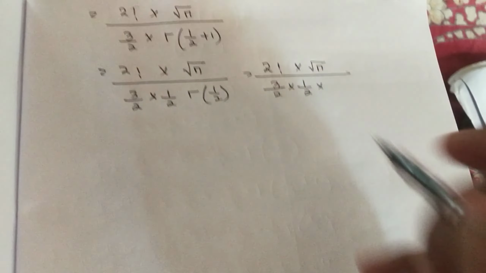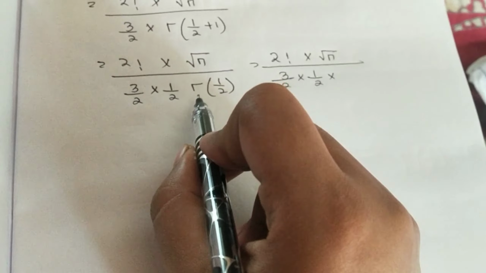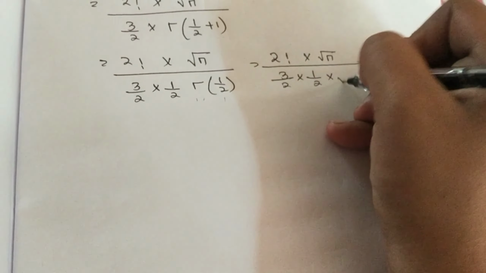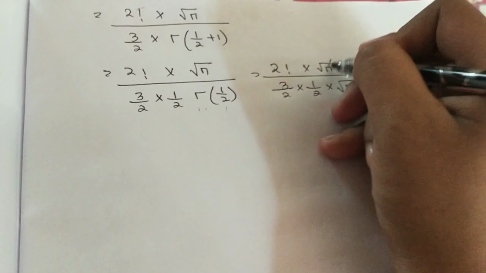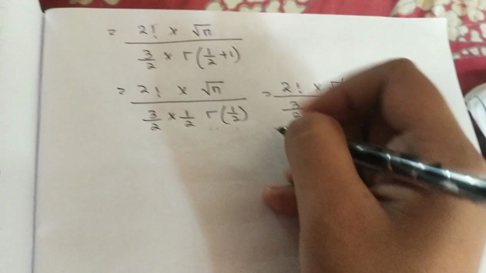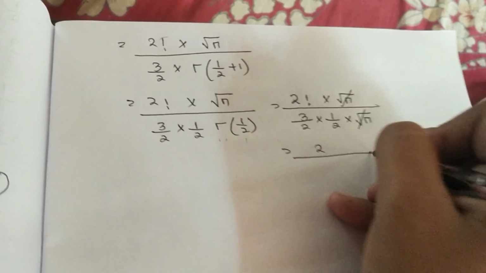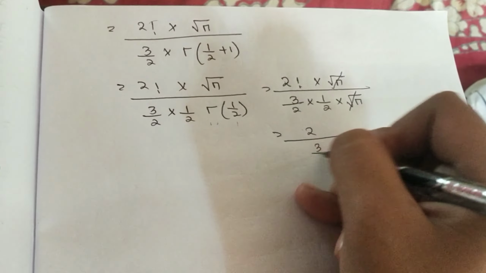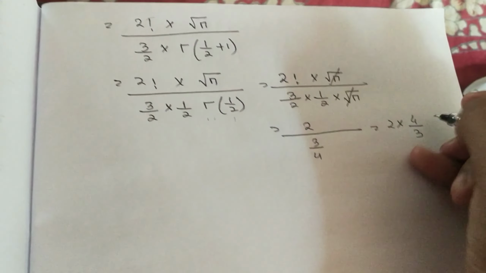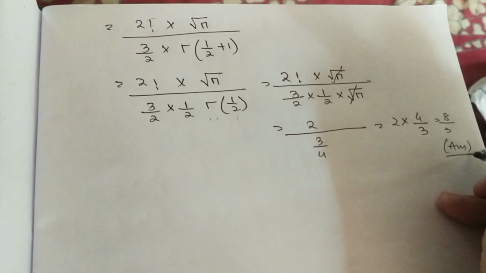So 2 factorial into root over pi by 3 by 2 into half gamma half. Gamma half we can write as root over pi. So root over pi we can cut down, and 2 factorial means 2. So 2 by 3 by 4 equals 2 into 4 by 3, right? So 8 by 3 is the answer.